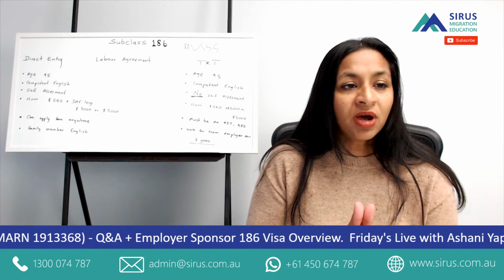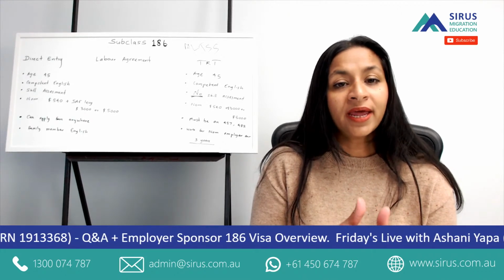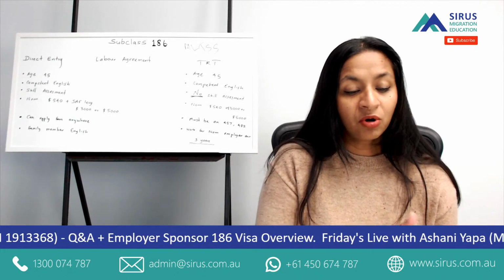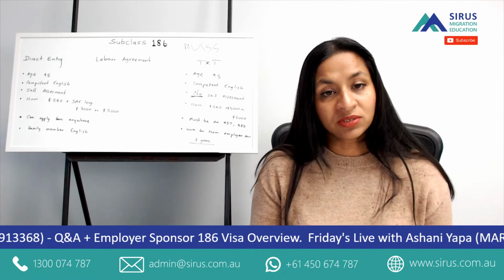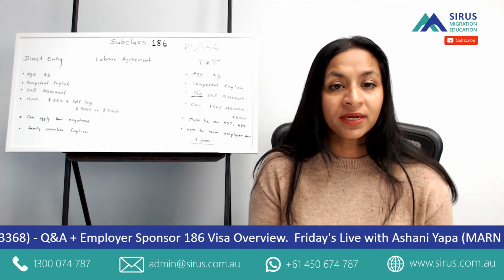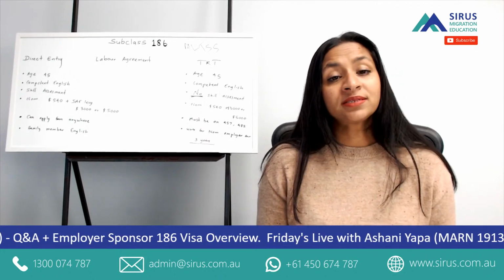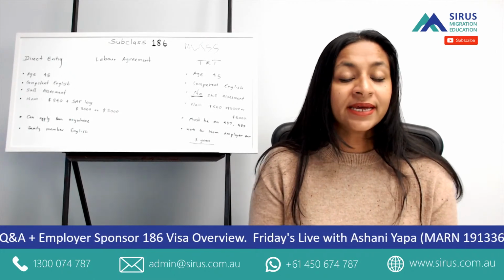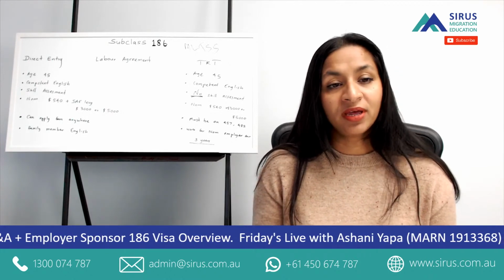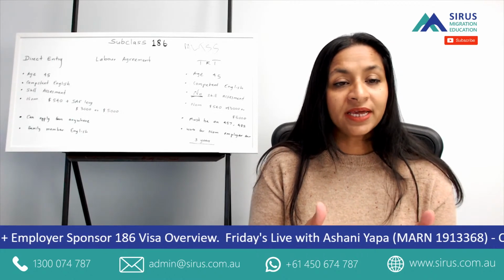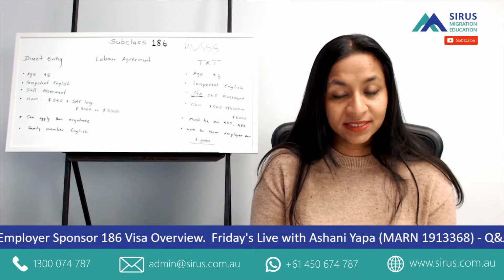The next requirement is you can apply for this visa from within Australia or from outside Australia. So the main applicant can be in Australia or outside Australia. Unlike subclass 482, the secondary applicants can be anywhere. So they don't need to be at the same time, at the same place as the main applicant.